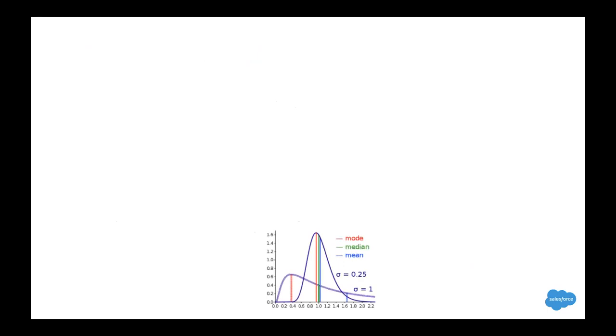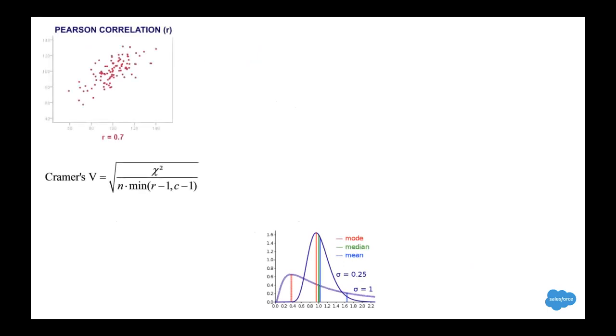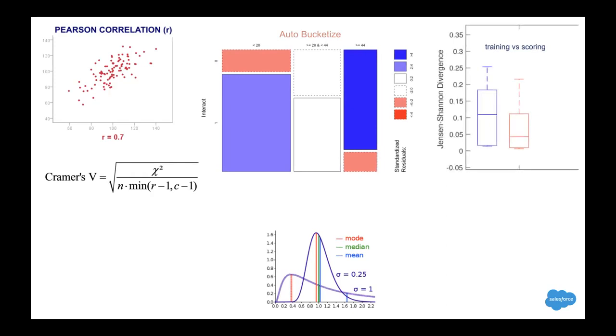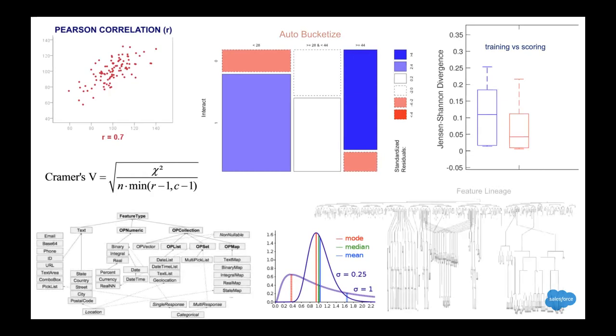This is another illustrative slide to emphasize that we use different approaches for different feature types. For example, Pearson correlation and Cramér's V would be used for categorical features, auto-bucketize with info gain for numerical features, and JS divergence would be used for the rest of the features, and so forth.